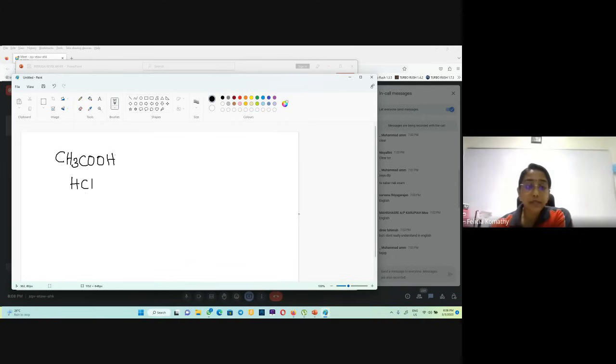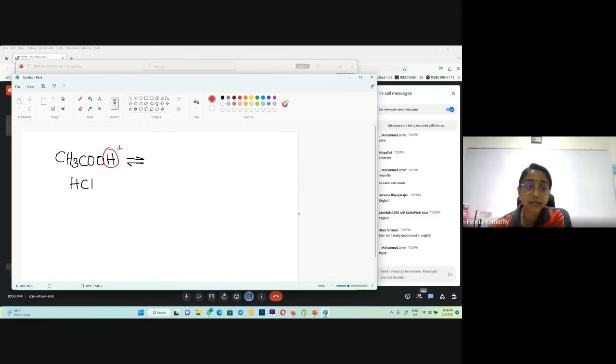If it's ethanoic acid, students, remember this is a weak acid. So a weak acid partially ionizes. When it partially ionizes, your arrow must be two-way. When you write your ionization equation, please be careful. You have to use two-way because it partially ionizes. And for a weak acid, remember only this hydrogen will be ionized. The rest of it will be negative.